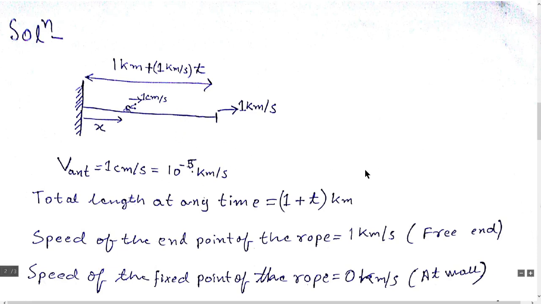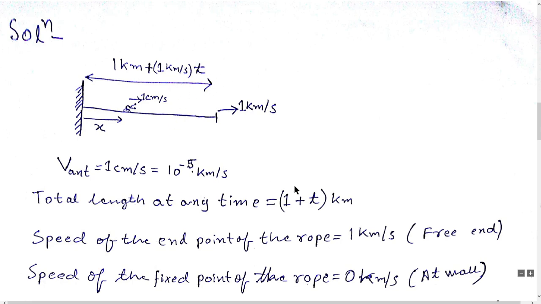So the total length of this super elastic string at any time will be equal to 1 plus t kilometers, because it is 1 plus 1 times t. Here 1 times t is the distance traveled by the free end in t seconds. So it is the initial length, 1 kilometer, plus the length expanding with respect to time.